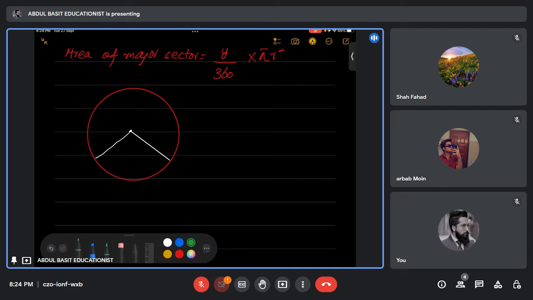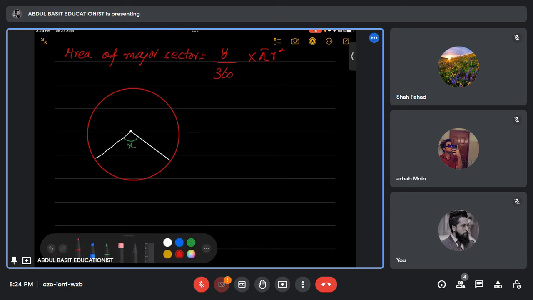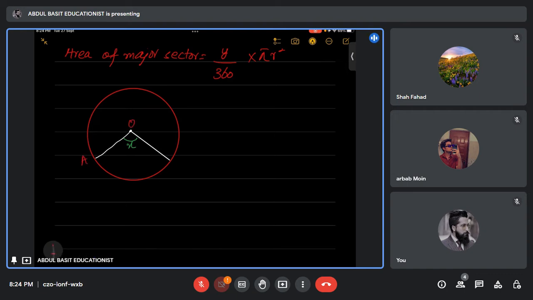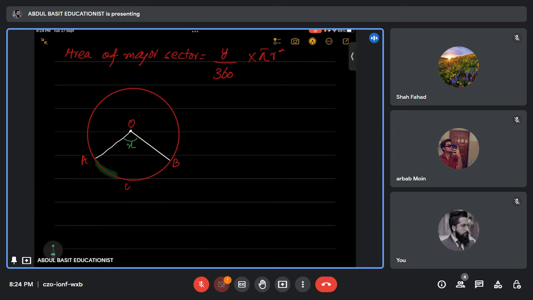If the examiner asks you to find the arc length of the minor sector, let me name the points: this is O, this is A, B, and here ACB. Just pay attention, this is the arc length for this minor sector.